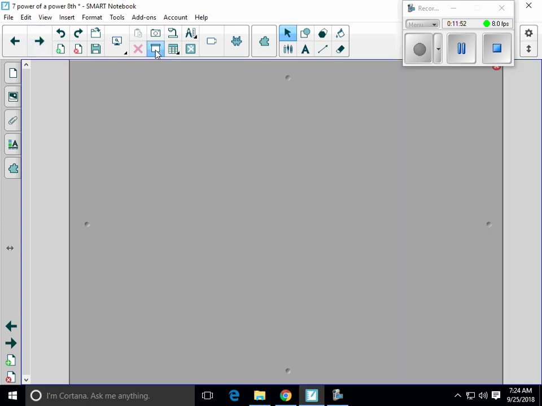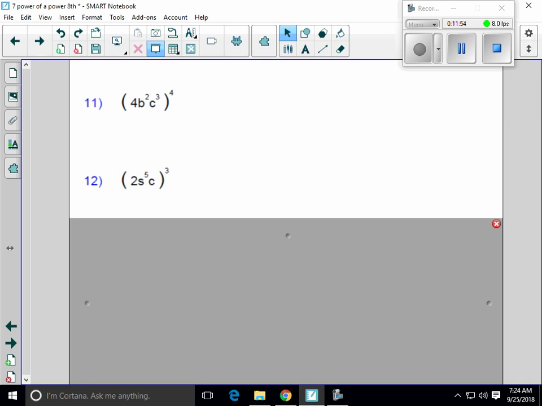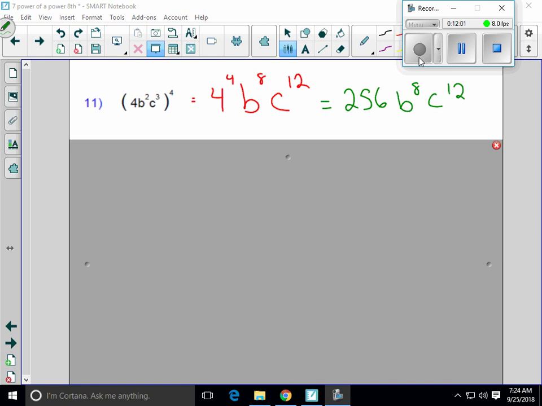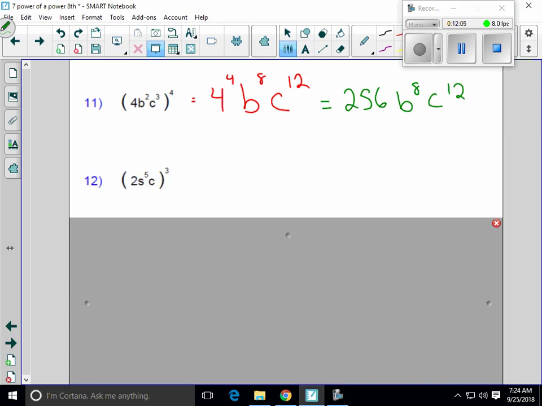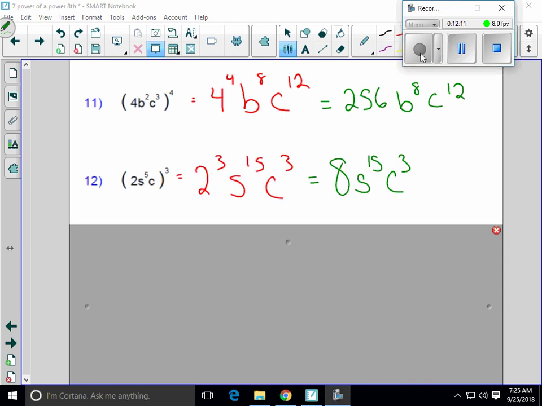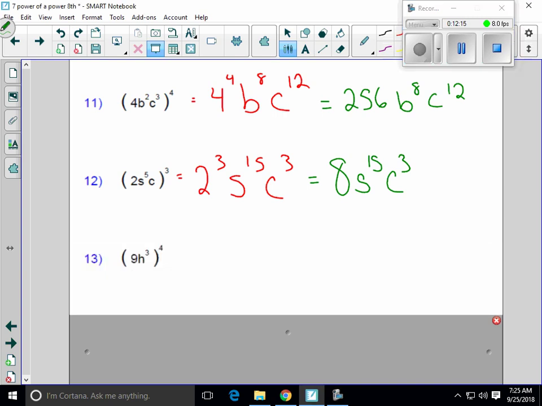Okay, we have 4 left. 11, 12, 13, and 14. Try these out, please. Number 11 is 256 b to the 8th, c to the 12th. Number 12, 8s to the 15th, c to the 3rd.